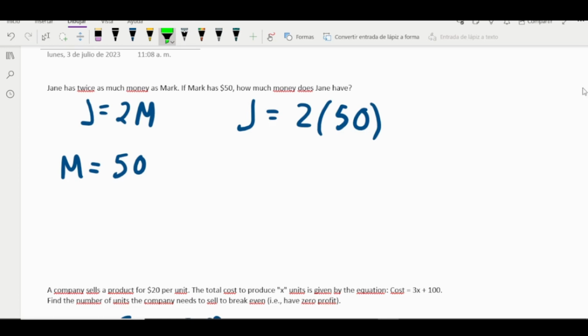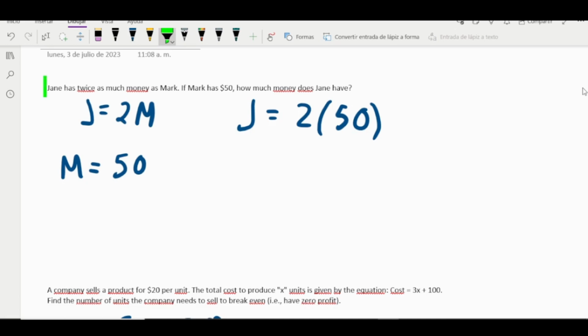Here we can have a first example. Say, Jane has twice as much money as Mark. If Mark has $50, how much money does Jane have? And here, the idea is we can create the first equation.